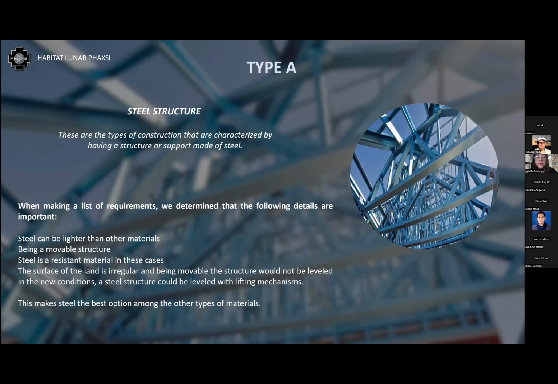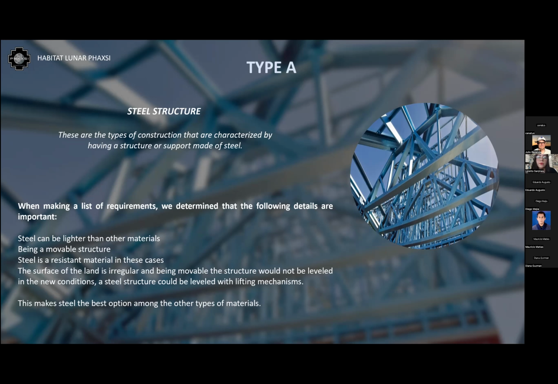When it comes to space habitats, you have a more exhaustive choice of materials, and steel results in the most convenient material, unlike the previous one.